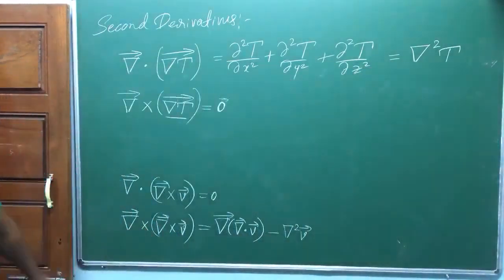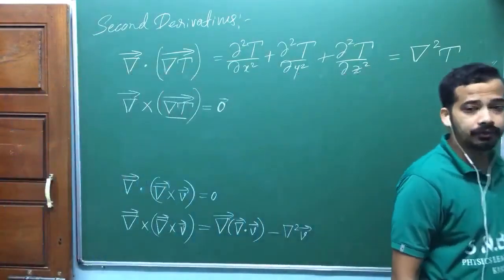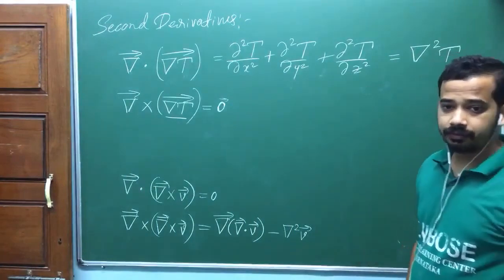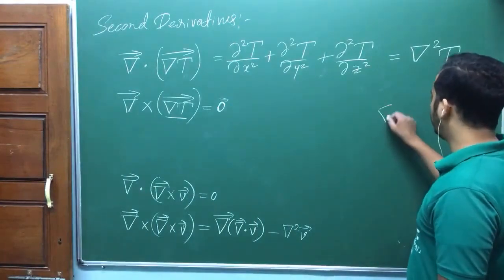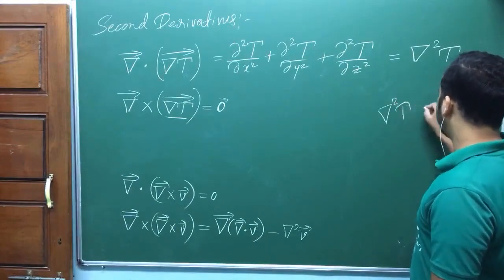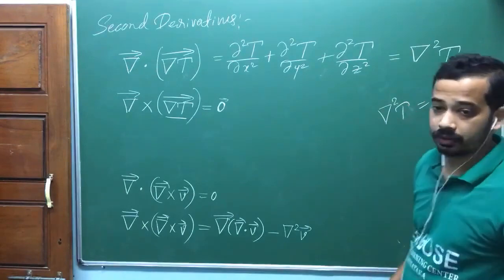That comes in the potential formalism. It is to solve a Laplace equation. Laplace equation means if you have del square of some scalar field equal to 0, we call it the Laplace equation.